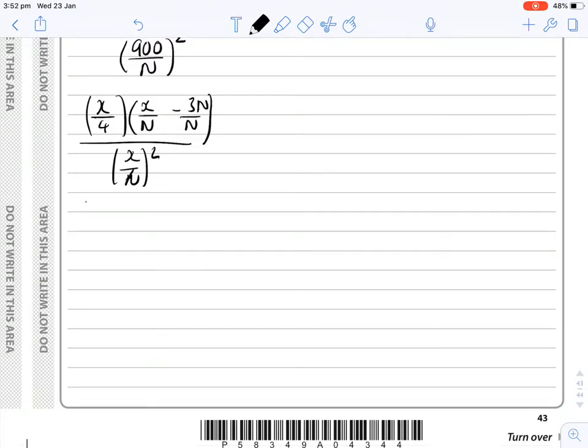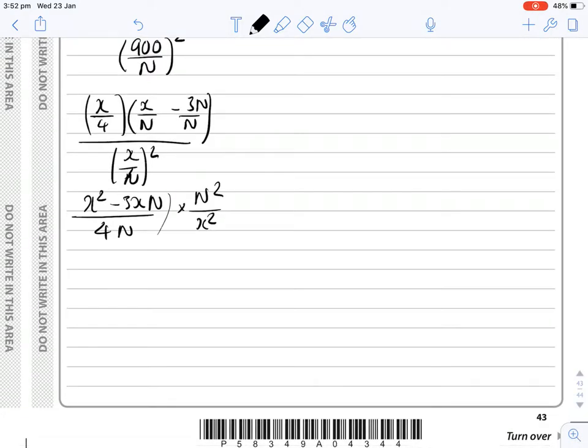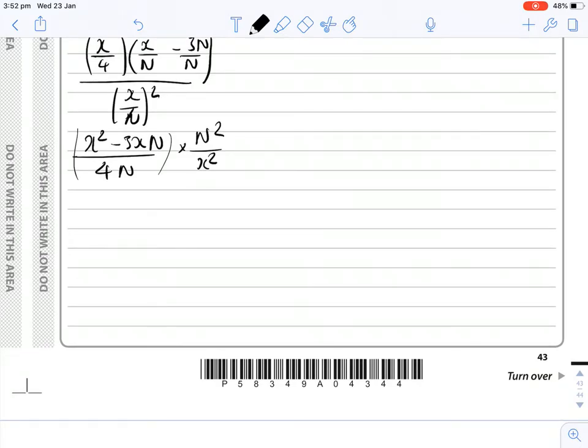So expanding this bracket, we're going to get (x² - 3xn) / 4n times n²/x². So that's taking the divide over using keep, change, flip. So we're going to do top times top and bottom times bottom.